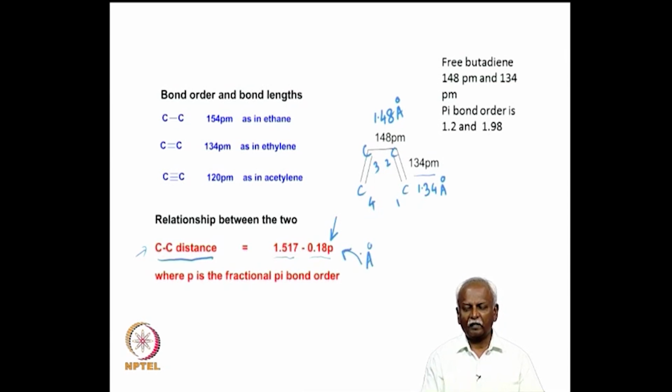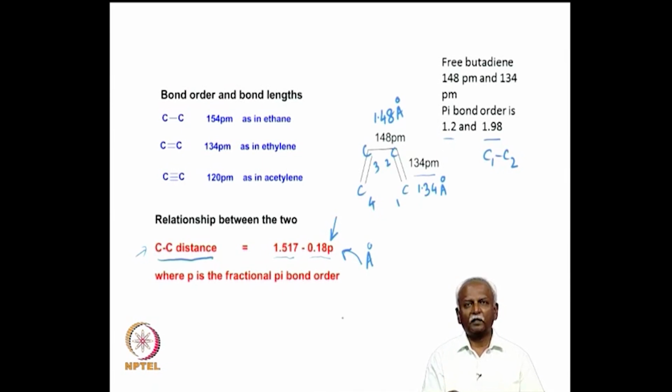If you calculate, the pi bond order between C2 and C3 is actually only 1.2, and the pi bond order between C1 and C2 is 1.98, which means the bond order is almost 2 between carbon 1 and carbon 2. And the carbon 2, carbon 3 bond order is 1.2, which means it has a partial pi bond order of 0.2.